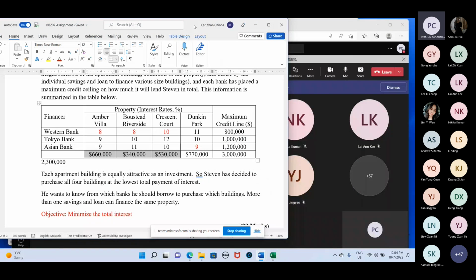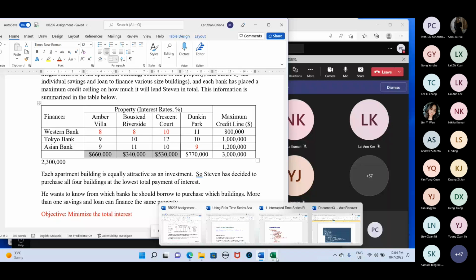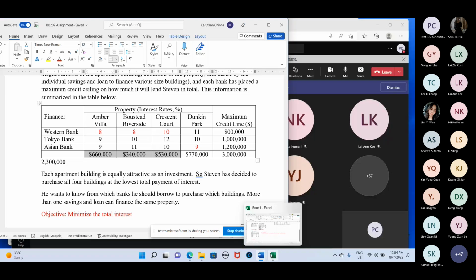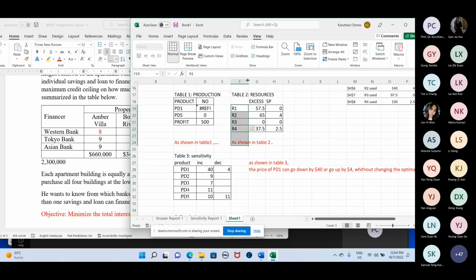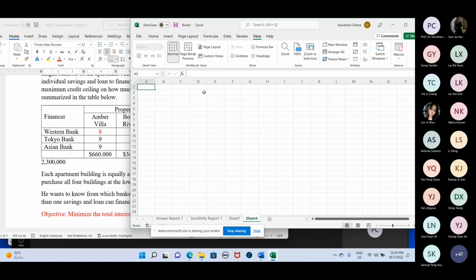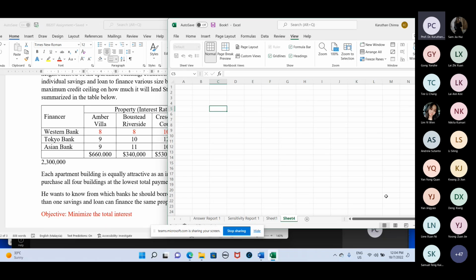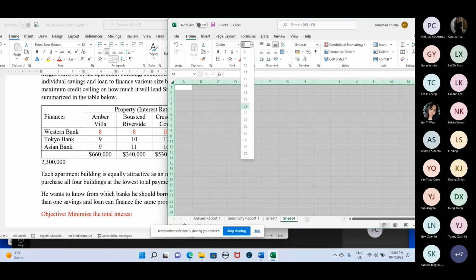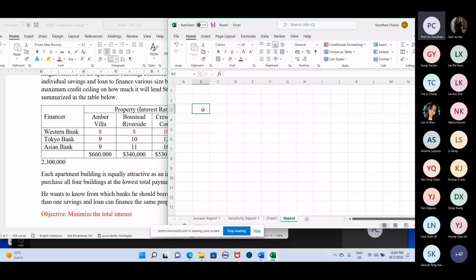Solver. I'm going to take only three properties. Okay, how does it go? What are the banks? Western Bank. Okay, just put Western, W, and then Tokyo, and ASEAN.